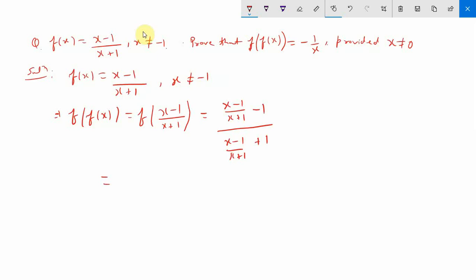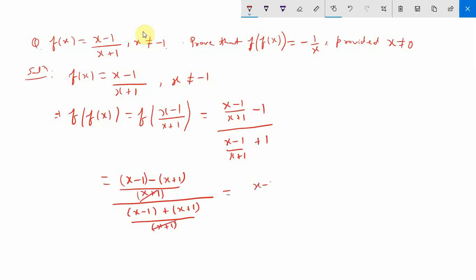Okay, so we will take LCM x plus 1. So (x minus 1 minus (x plus 1)) divided by (x plus 1), and whole divided by (x minus 1 plus x plus 1) whole divided by (x plus 1). Okay, so this will get cancelled. So what we will get: (x minus 1 minus x minus 1) divided by (x minus 1 plus x plus 1).